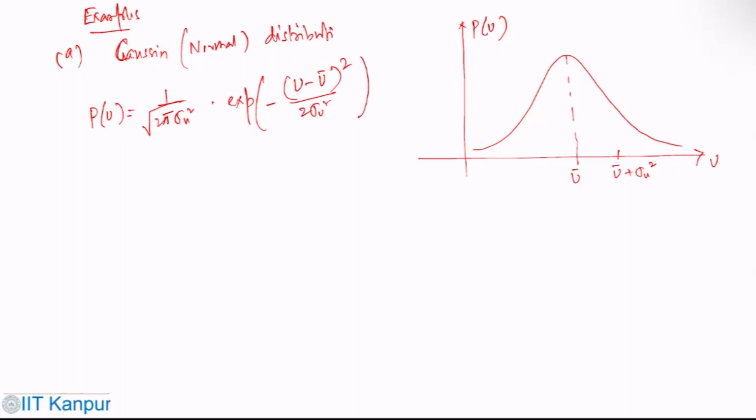So that's the distribution function for the Gaussian distribution that you have. Similarly, another distribution which we have already talked about is the Weibull distribution. That is another kind of distribution function which we'll look at.